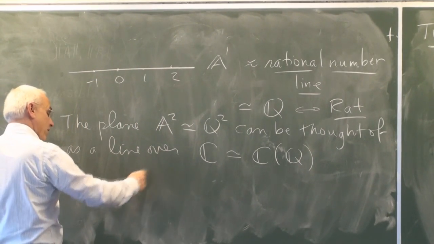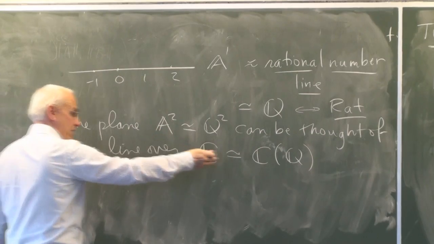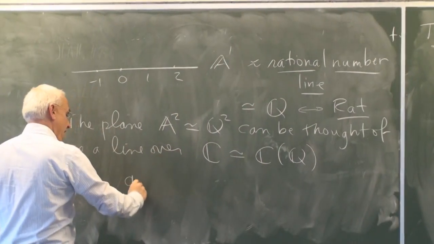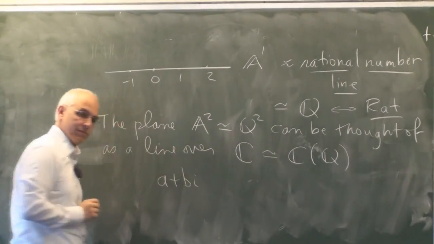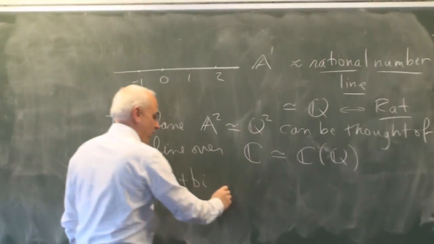So for us, a complex number in this sense is something in the form a plus bi, where a and b are rational numbers.